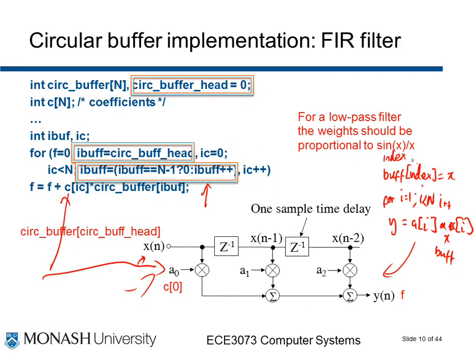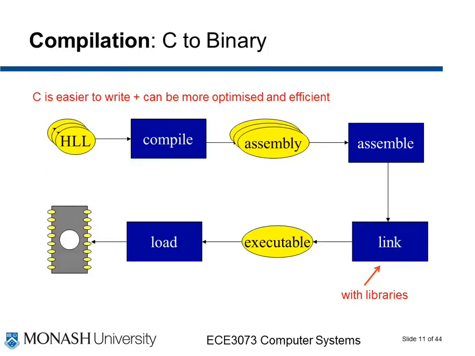To create a circular buffer, I would say this is a much simpler way: increment my index, and do that modulo n, the size of my buffer. I think this code is much more clear than something like that. But anyway, again, code reuse is what this section of the lecture is trying to cover.